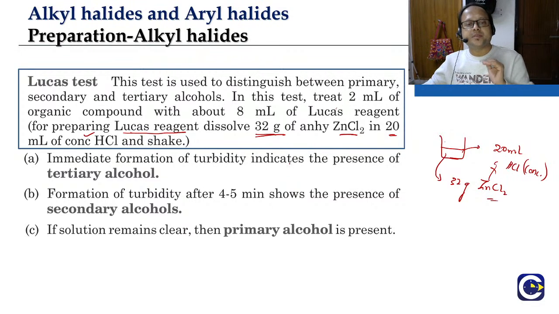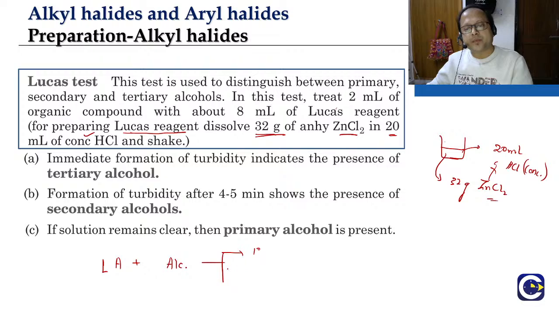So what happens when you add this 8 and 2 ml, that means your Lucas reagent plus alcohol, primary, secondary or tertiary, you can have either of these three. So if it is tertiary, then it is immediate turbidity. What is turbidity? Cloudiness.